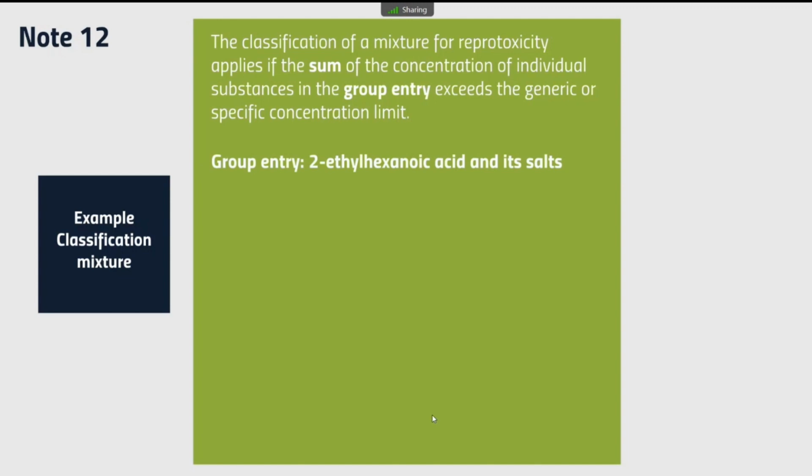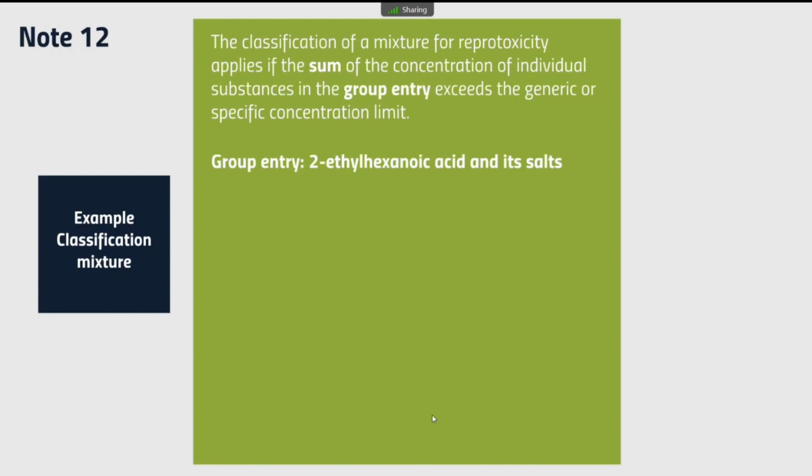An example: at the moment, there's only one group entry that has this note 12, which is 2-ethylhexanoic acid and its salts. As you can see in the description of the group entry, it is not a specific substance because it mentions "and its salts".